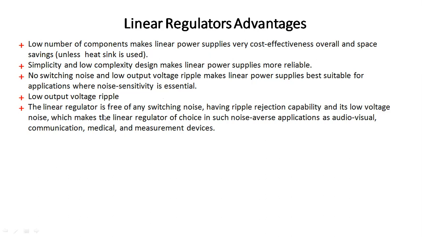So we can say the linear voltage regulator is free of any switching noise, has ripple rejection capability, and low voltage noise, which makes the linear regulator the regulator of choice in such noise-averse applications like communication, medical, and measurement devices.